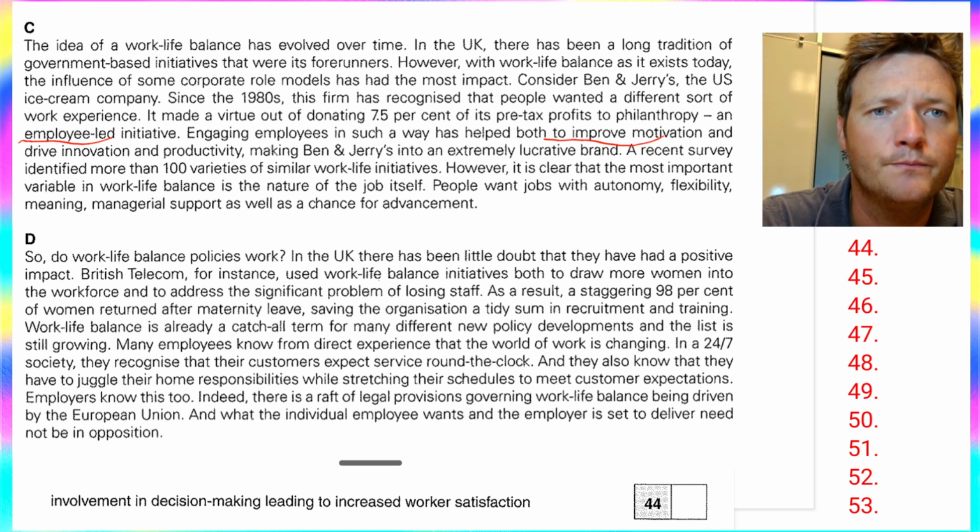Employers know this too. Indeed, there is a raft of legal provisions governing work-life balance being driven by the European Union, and what the individual employee wants and the employer is set to deliver need not be in opposition.